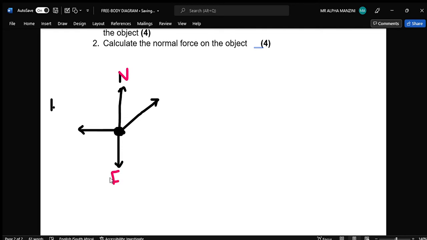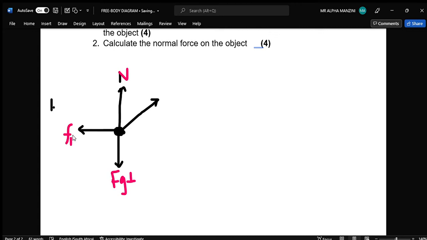Call this one G, which is your gravitational force. This one is perpendicular because it's always perpendicular to the surface. So we have this force always opposite our motion. We call this force Fk.